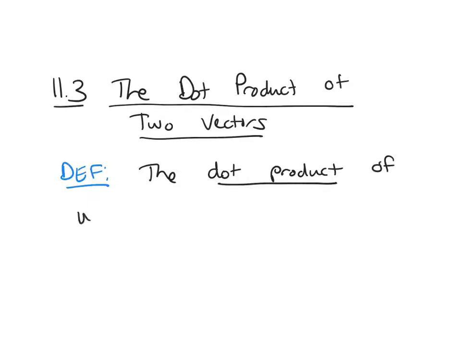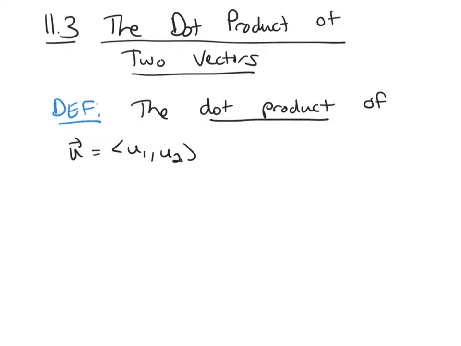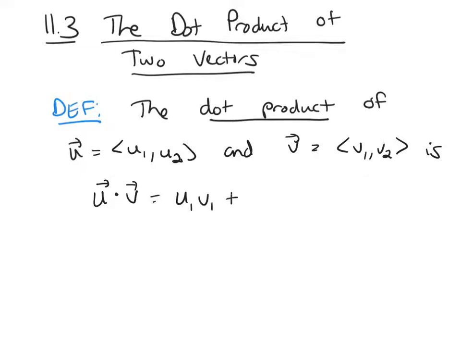The dot product of two vectors, I'm just going to use two-dimensional vectors right now, u1, u2, and a second vector v, v1, v2, is, so the way we denote a dot product is by a dot, u dot v, and what you do is you multiply the first entries together, u1 v1, plus u2 v2.